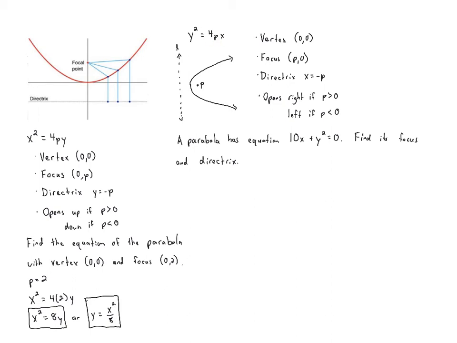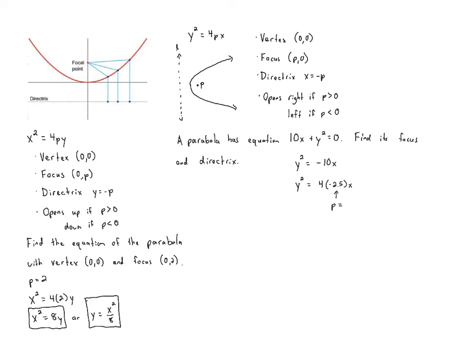To do that, we subtract 10x from both sides. This gives us y squared equals negative 10x. And we want to write this in the form 4 times p times x on the right. And so if we factor a 4 out of negative 10, we get 4 times negative 2.5 times x.